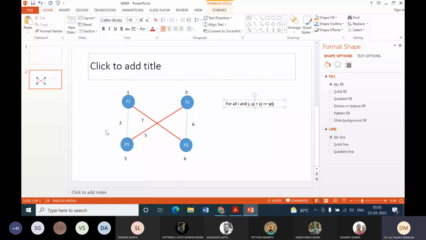So, and in this case all the vertices got saturated. Okay. And the perfect matching is maximum.